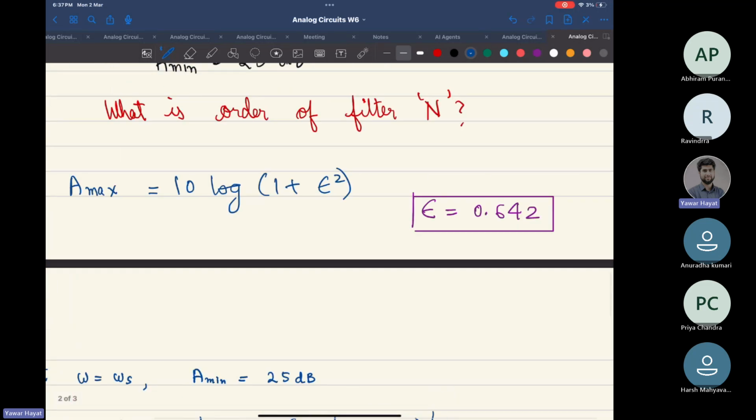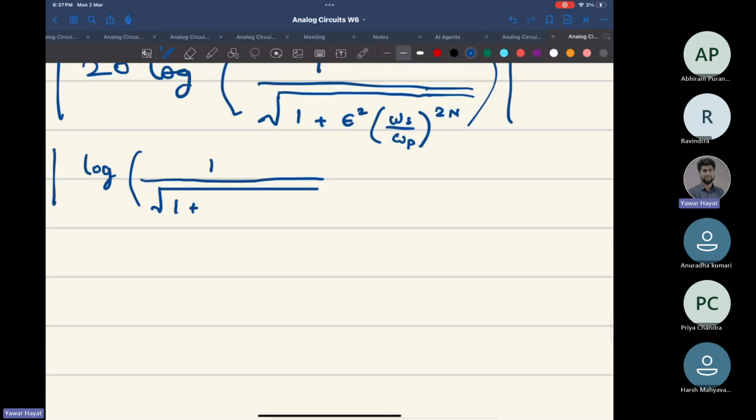How much is epsilon? That is 0.642, right? Square of that, times 3 by 2, raised to 2n.